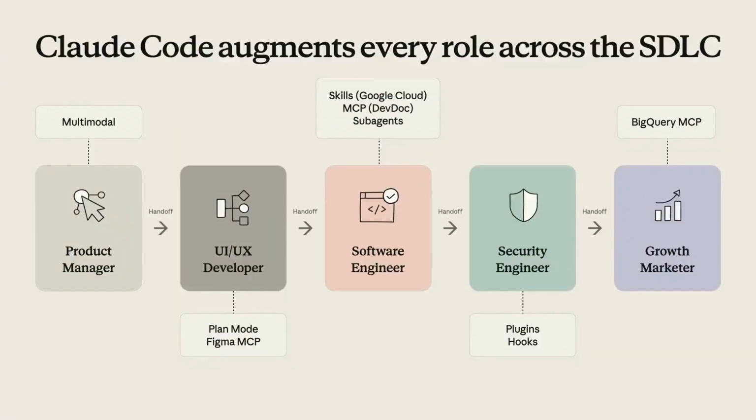So these are all the personas that, in a simple way, we can imagine are involved in the software development lifecycle. Now, with respect to these personas, Claude Code, Anthropic's coding agent, augments all of them, providing several components that we are going to use today.